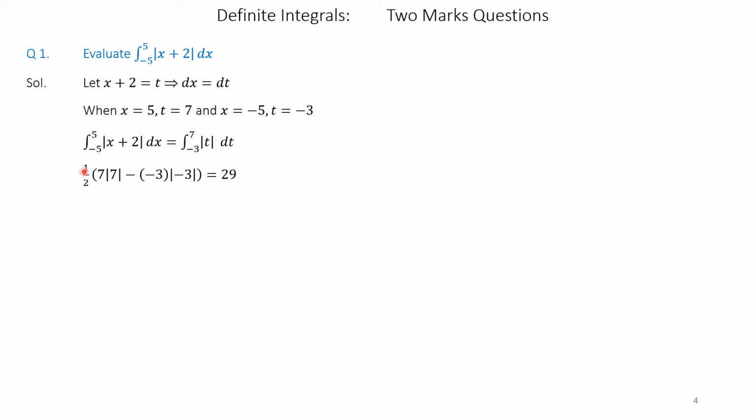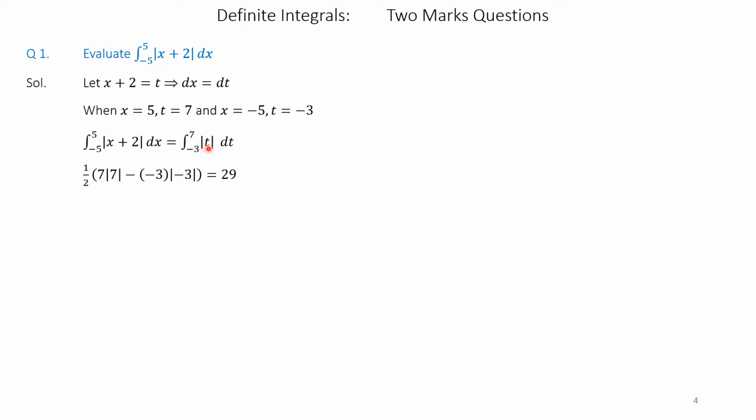Therefore, it becomes half of, now we have to put it as half of 7 into 7 minus of minus, the lower limit is minus 3. This half is due to t square by 2. So we know the power rule.